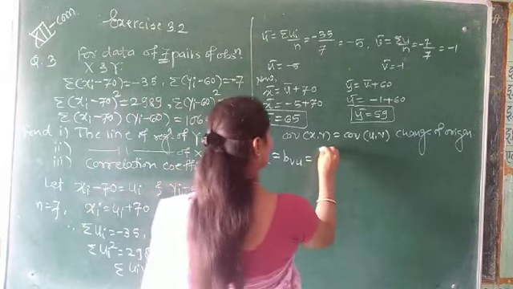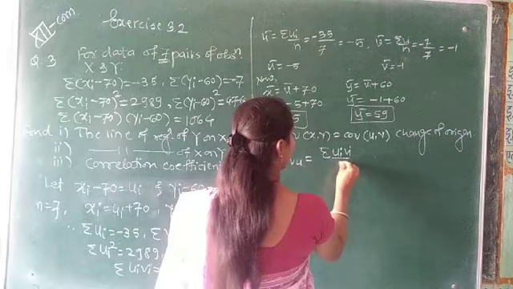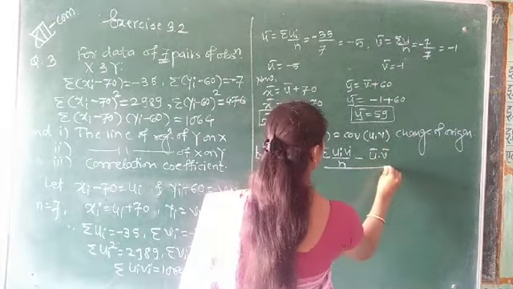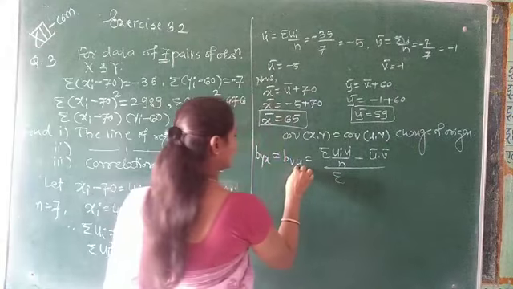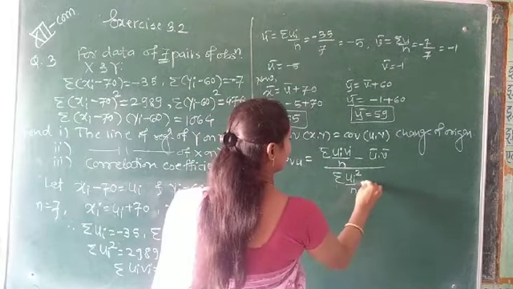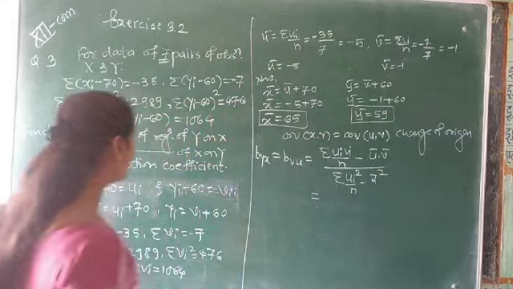That means summation uivi divided by n minus u bar into v bar, divided by summation ui square upon n minus u bar square. So what is summation uivi?